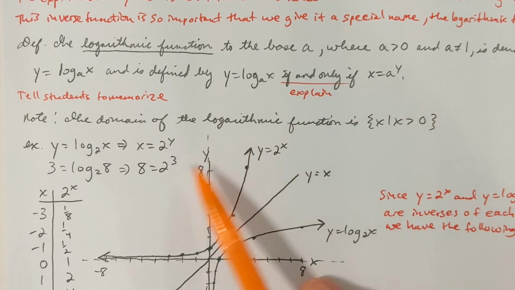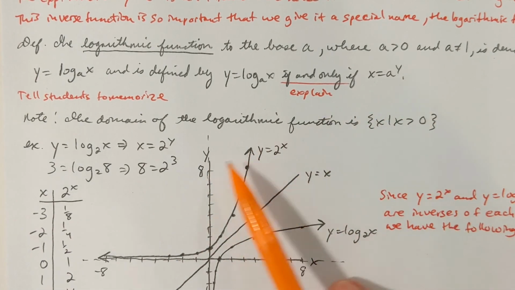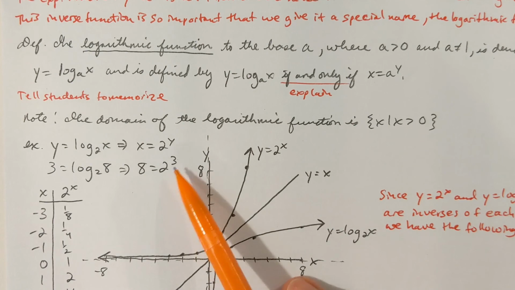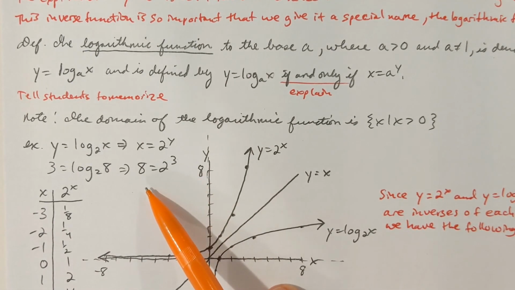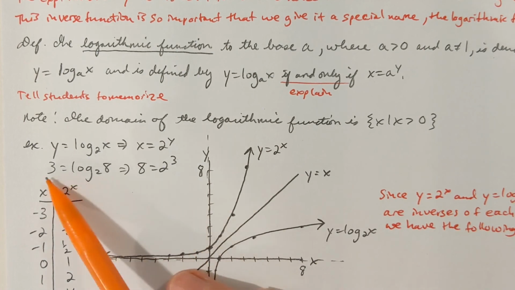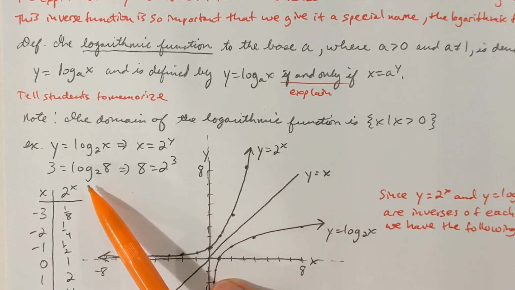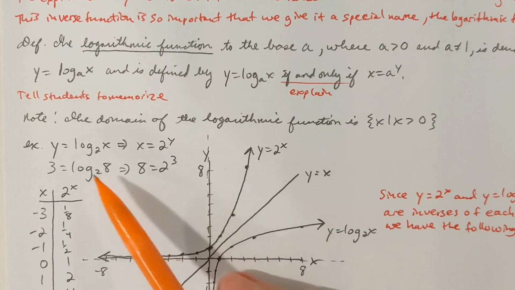X is 8, a is 2, and y is 3, and so you'd be saying that 2 cubed equals 8. That's a true statement. But if you write it in the logarithmic form, you're still saying the same thing. It's just a notational deal, how you're writing it.